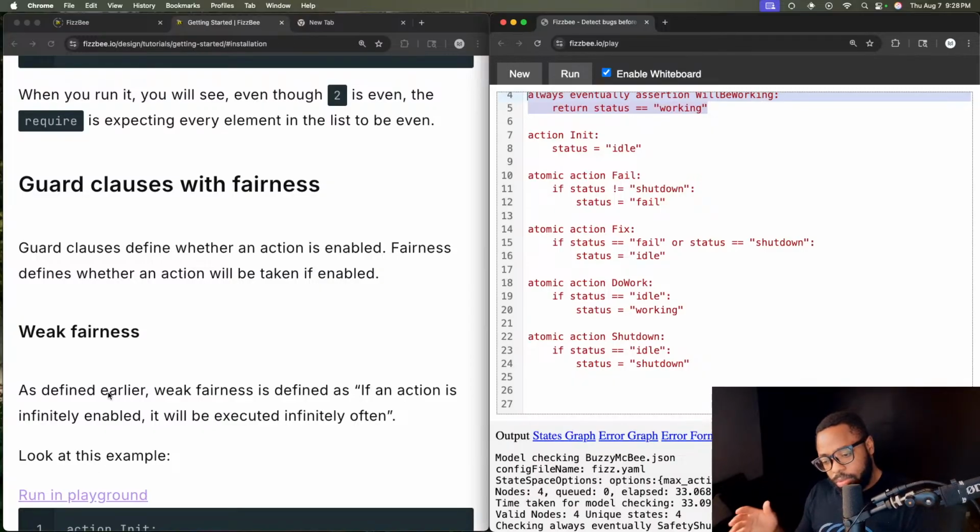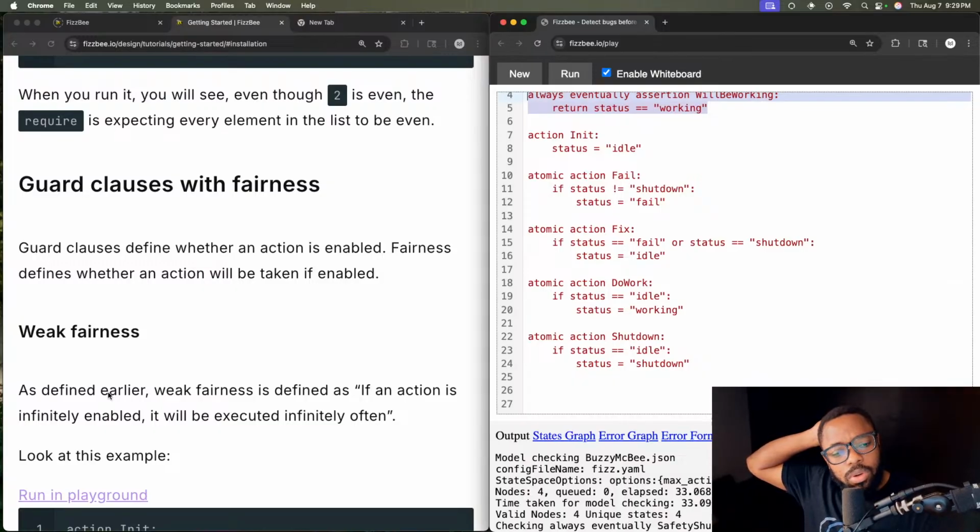Because with strong fairness, you're allowing things to be either disabled or enabled as a precondition. And by things, I mean actions. Which means that fundamentally you're allowing for more, you are increasing the state space, but you are also asking for the same outcome, right?